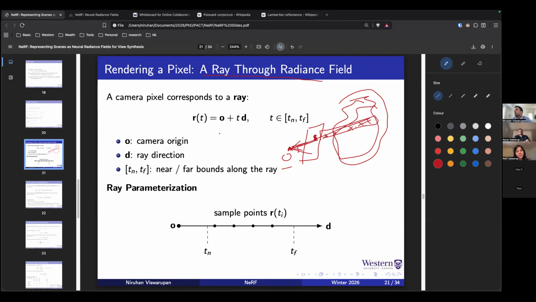So here we are defining this line in a linear vector equation. This r(t) is the representation of this line. Any point along it can be parameterized by t, and r(t) will have points along this line.